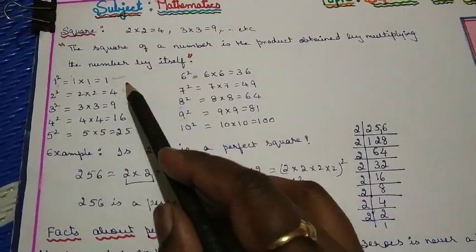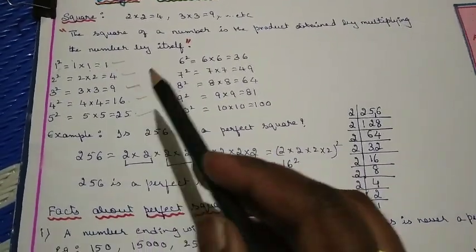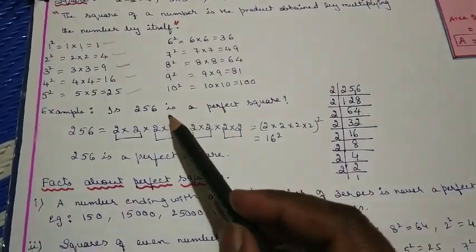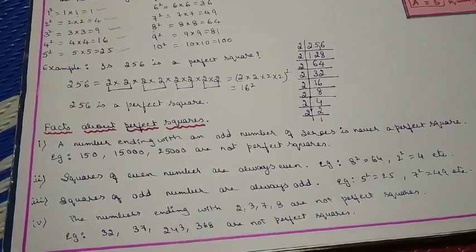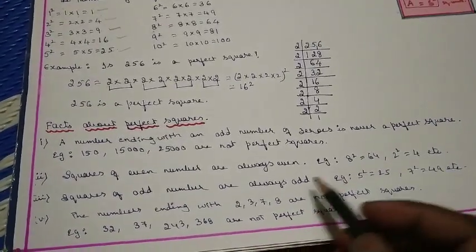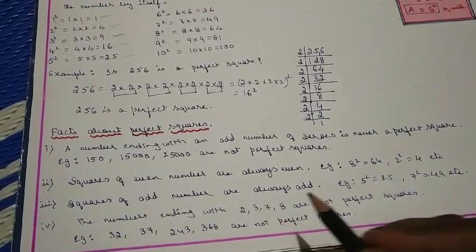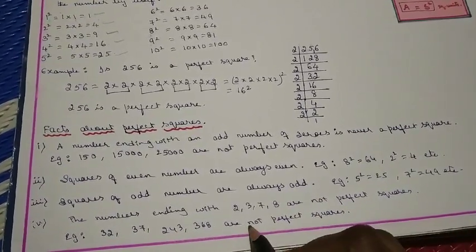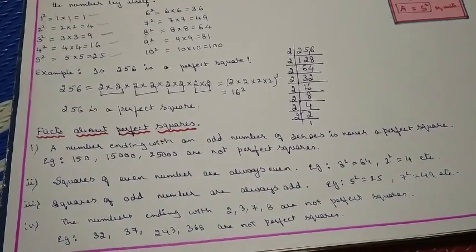So from here we can conclude that if a perfect square number is not ending with 2, 3, 7, 8, then there is a chance of it being a perfect square. If the number is ending with 2, 3, 7, 8, directly we can say they are not perfect squares.